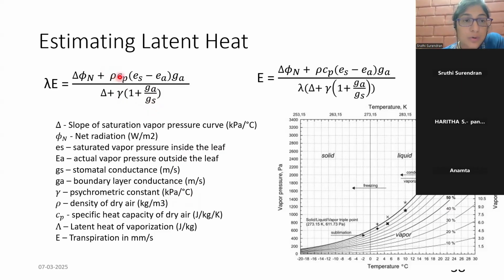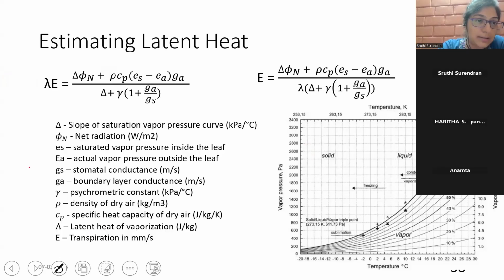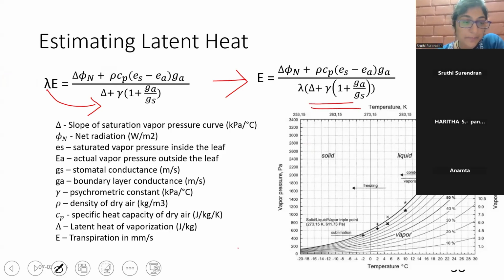Now, if we take this rho Cp term to the denominator, the equation will become like this. E is equal to this, where lambda will come here, and this denominator will be multiplied by the lambda value.